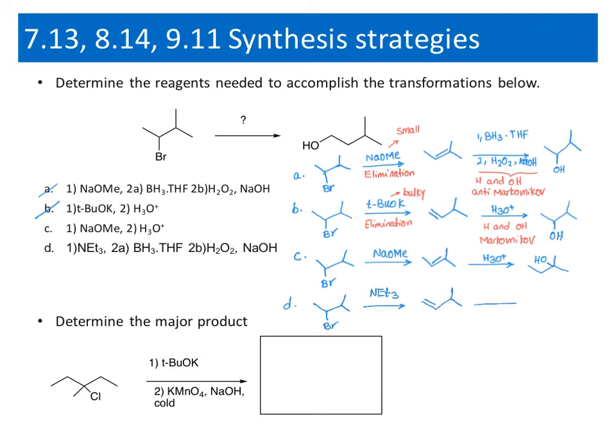And then we are going to use reagents for hydroboration oxidation. So BH3THF, hydrogen peroxide, and sodium hydroxide. And again, we have anti-Markovnikov addition. So OH will be added to the less substituted and hydrogen to the more substituted carbon.